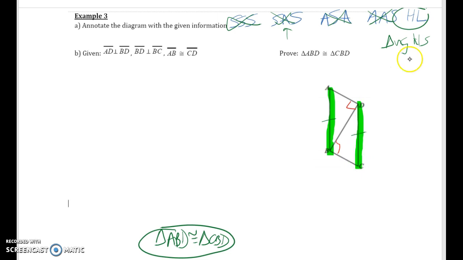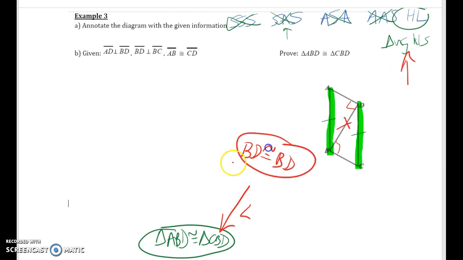But keep in mind, remember what we said, that in order to use hypotenuse leg, we must state that these are right triangles in our proof. And we need a leg on each of these. They told us nothing about AD, nothing about BC, but we can see that BD is congruent to itself. So I can get the leg. BD is congruent to BD by the reflexive property.